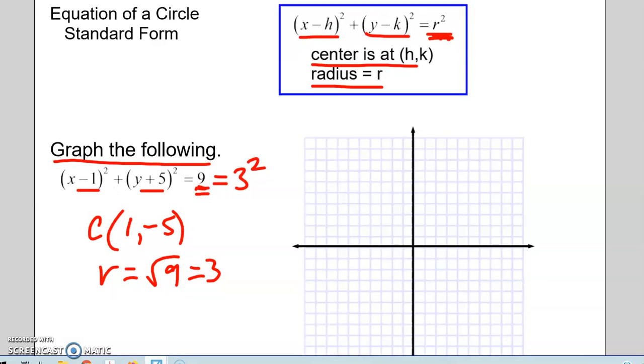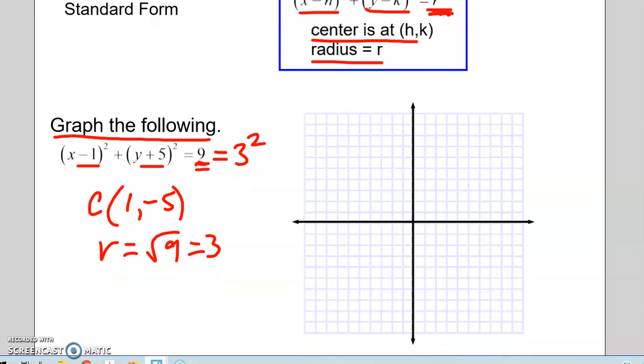Okay, so in order to graph these things, what we do is we start at the center here. So this is (1, negative 5). So this is 1 here and negative 5. So that is my center. Okay. And then take this radius and go in equal directions to the north, south, east, and west, and there you get your circle.